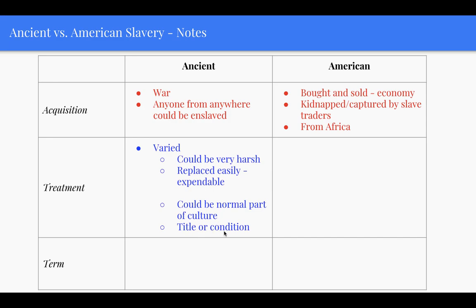And then term, or condition. You had a term or condition, meaning that sometimes you had a length of time that wasn't that long. And then condition would be that there were certain conditions of your enslaved labor, that you only had to do certain types of work in ancient times, that you weren't just at the disposal of the master.